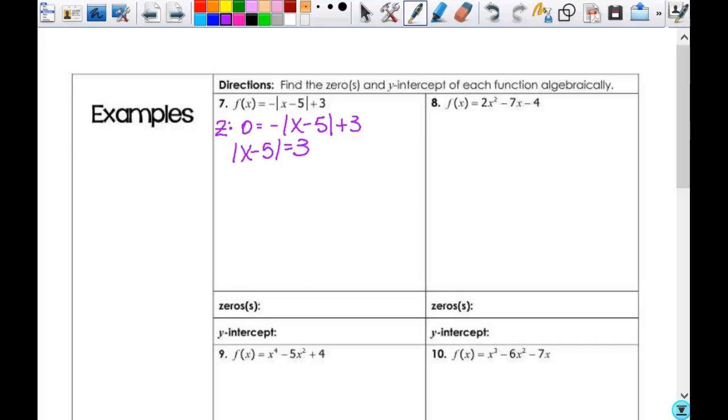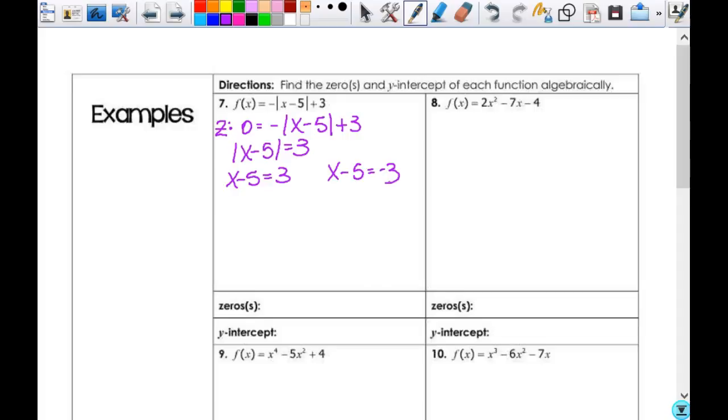How many answers am I going to end up with? 2. Because to solve this, I set x minus 5 equal to 3. And I also do what? Negative, x minus 5 in parentheses, equals 3, but I could also do this, right? But you're right to officially get to that.